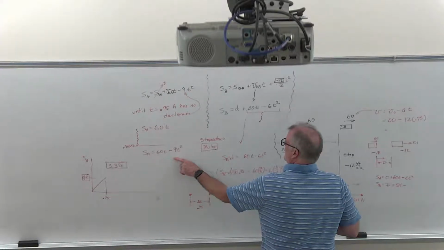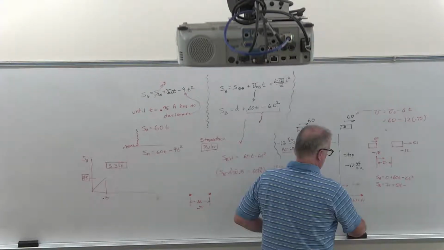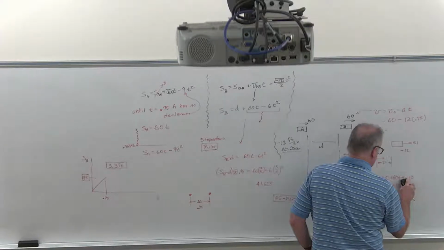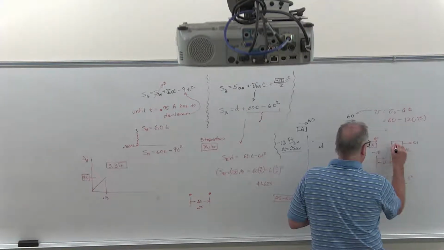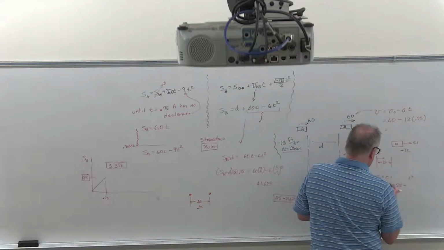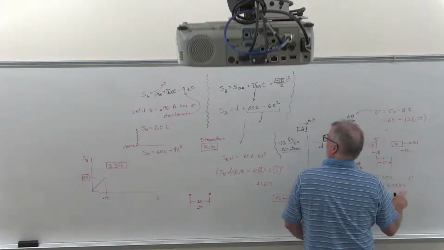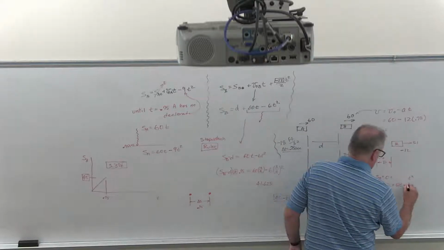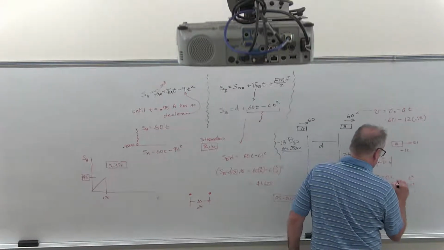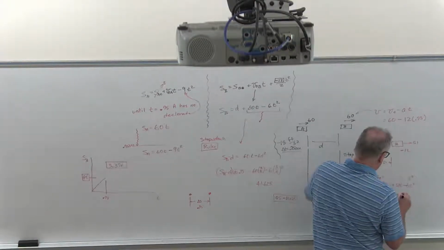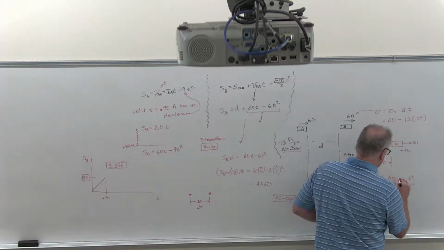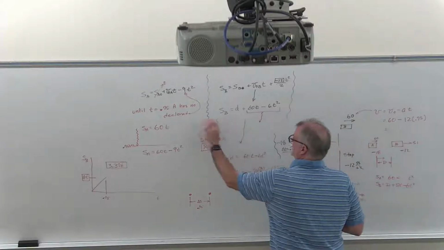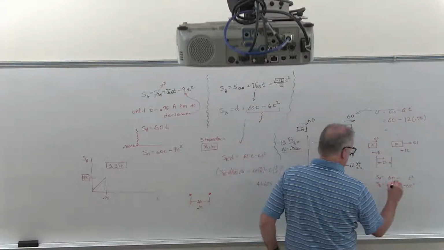Oh, I've got the A's and B's backwards. This should be A, this should be B. So B is decelerating, ends up with a 6 there. This one, 60 minus, and instead of 6, I have a 9.